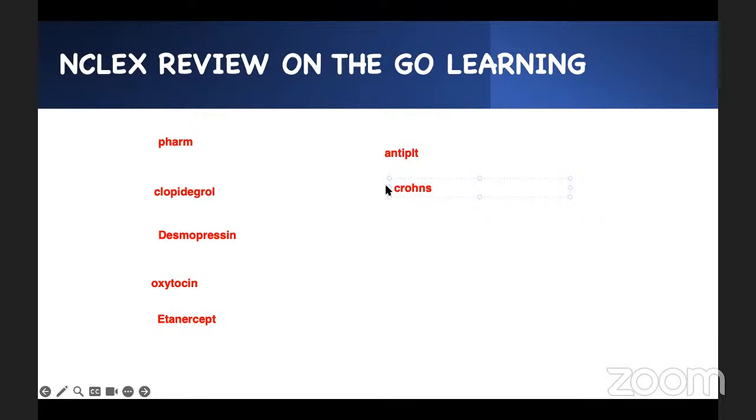Crohn's. Crohn's disease. DI. Diabetes insipidus. Induction. Making words up. Tachy. Slowly.